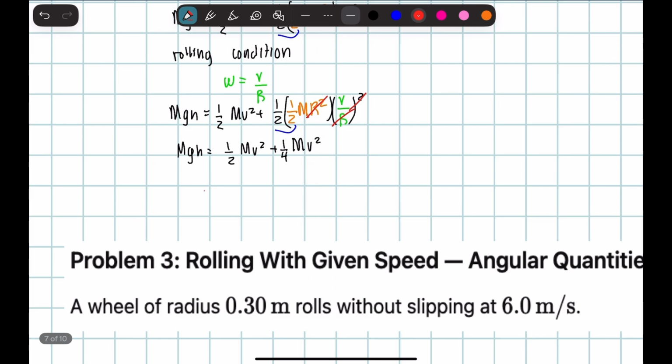After this, you have mgh equal to 3/4 mv squared, and then you take the root of both sides. Then v is equal to the square root of 4gh over 3. That is your velocity.